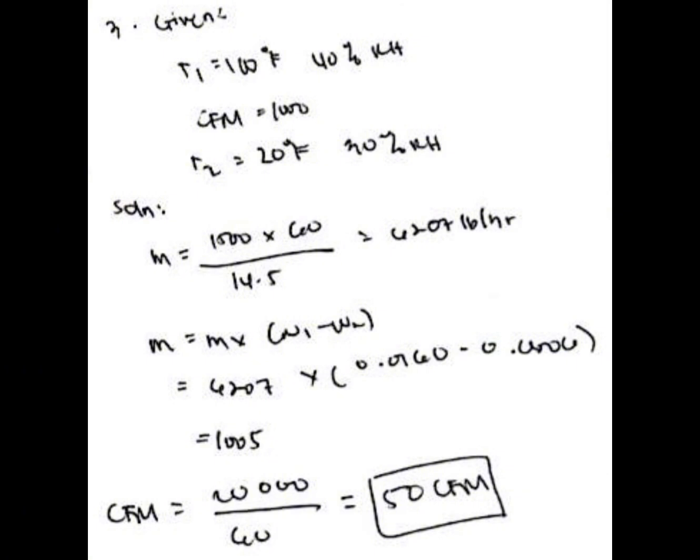So we have 0.00160 minus 0.0006. Calculate it, so we can get 1,005. So next is to get the CFM. We have 20,000 over 60. Calculate it, so we can get 50 CFM.